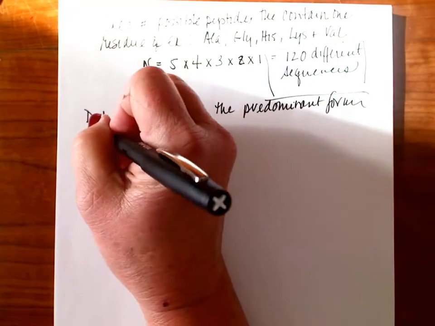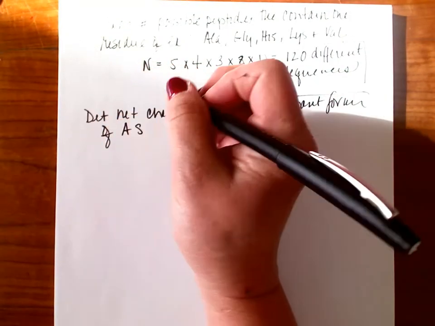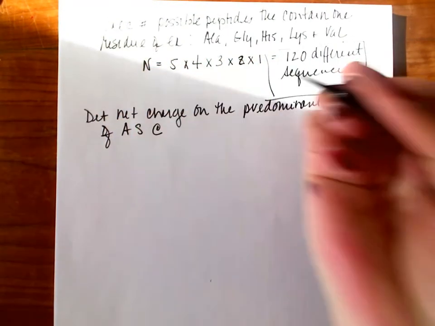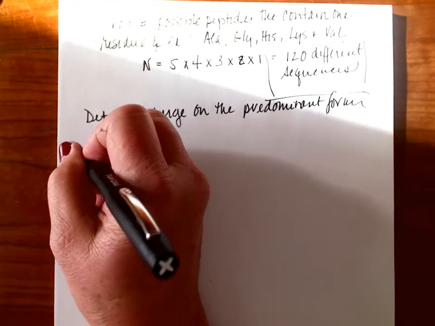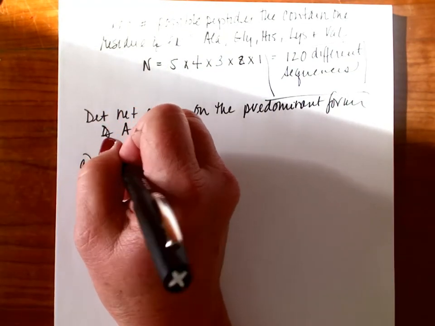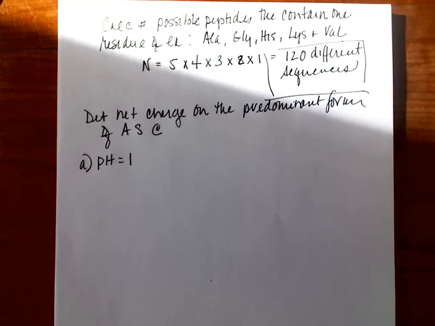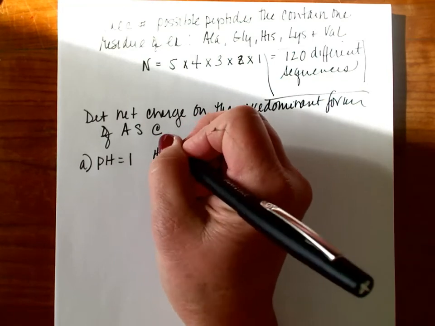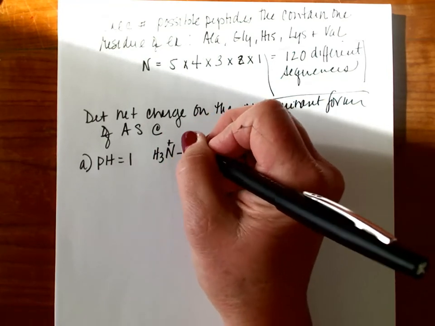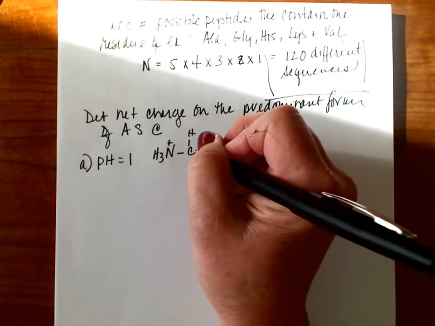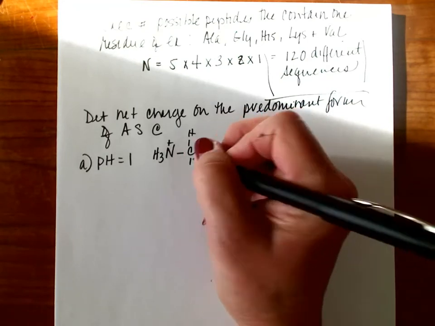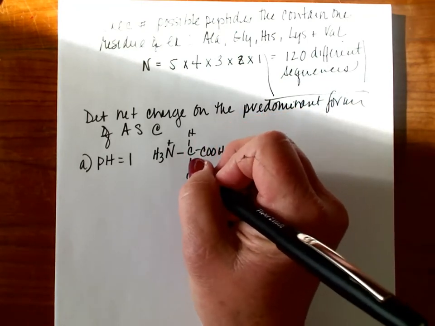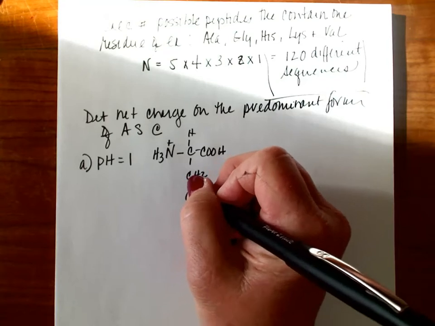Or ASP, in this case, at a pH of 1. When the pH is 1, the only charge carried is by that alpha amino group. So the overall net charge at a pH of 1 is going to be +1.